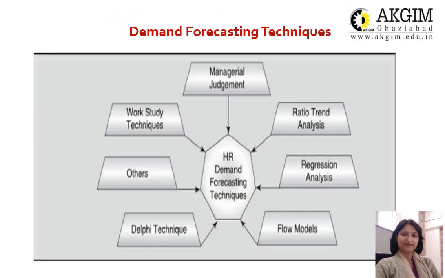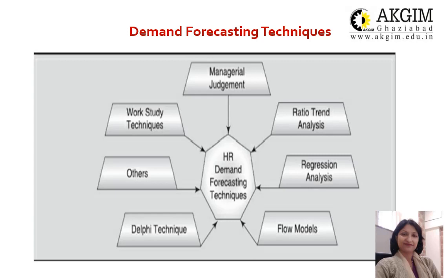So there are certain forecasting techniques, a very important aspect, that is how do you forecast your human resource. So first is managerial judgment. Managerial judgment is a qualitative method of forecasting.